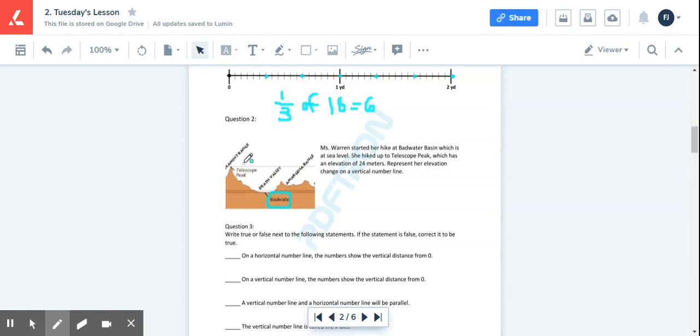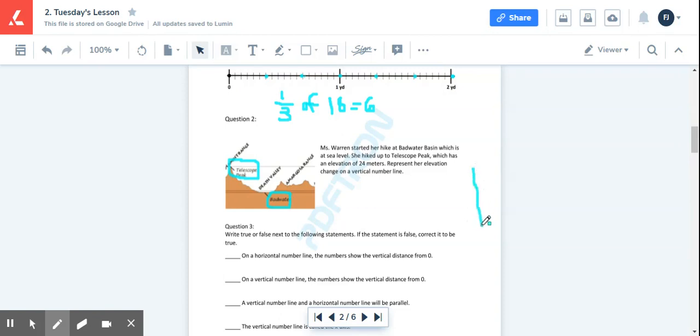We know that she hiked up to Telescope Peak and had an elevation of 24 meters. So this means that she started at 0 and hiked up.